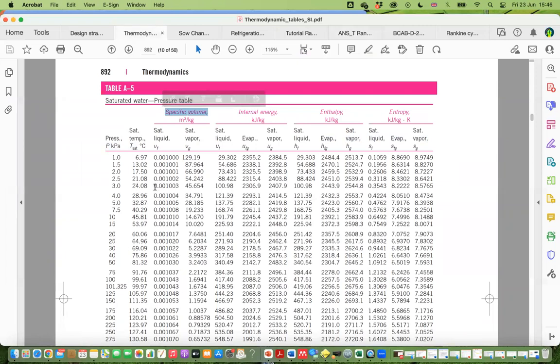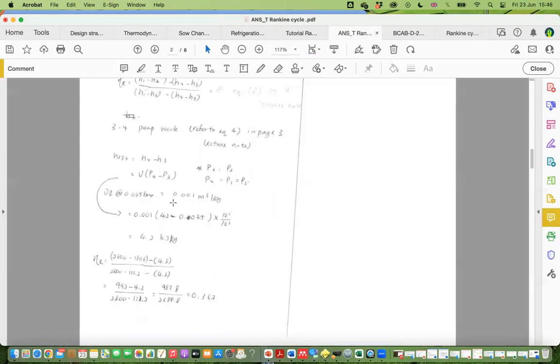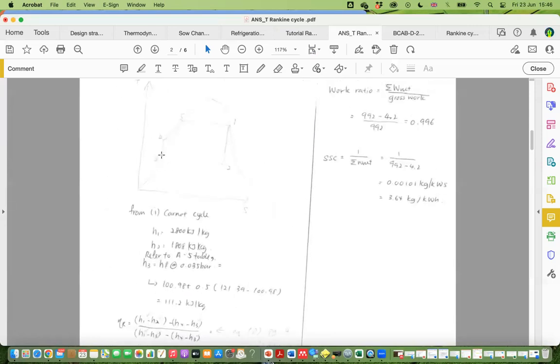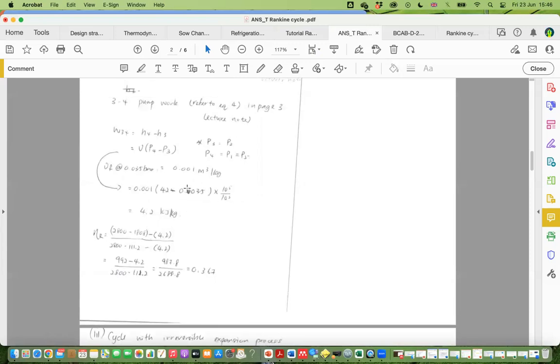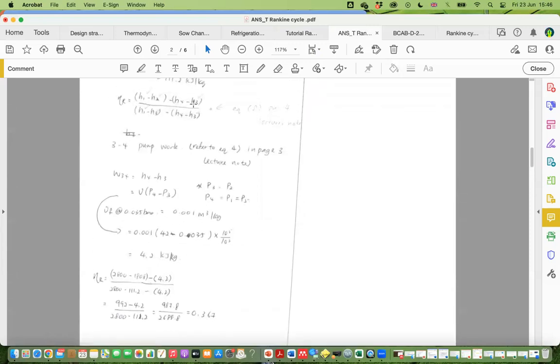Okay, so let's say it's 3 kilopascal and it should be VF. Okay, why VF? Because it's stuck on the saturated line. All right, and then you have your H4 minus H3 equals to this.